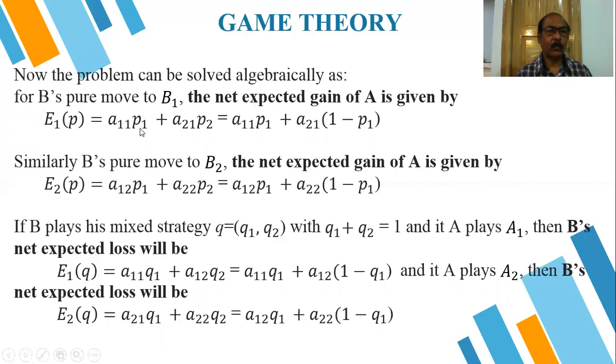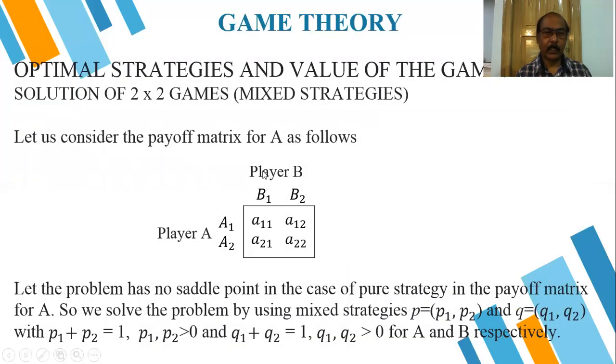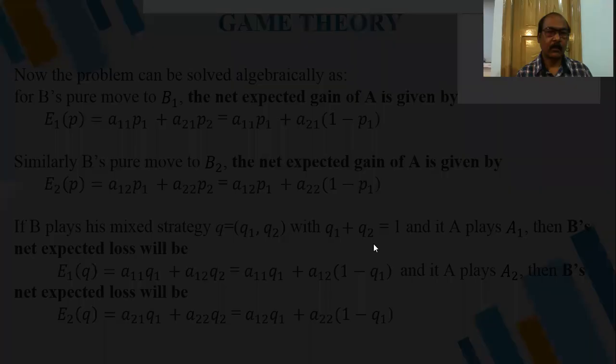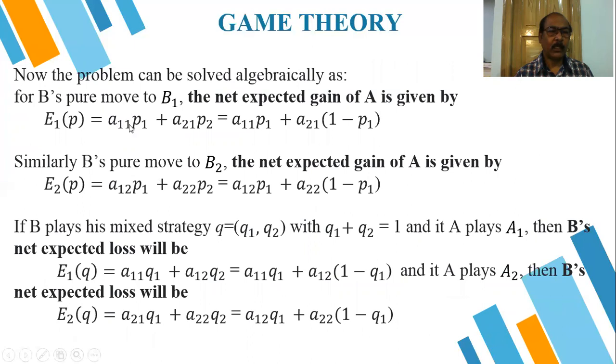E1(P) is equal to A11 P1 plus A21 P2, when player B is selecting B1. But P1 plus P2 is equal to 1, so instead of P2 we can write 1 minus P1. So A11 P1 plus A21 P2 equals A11 P1 plus A21 into (1 minus P1).